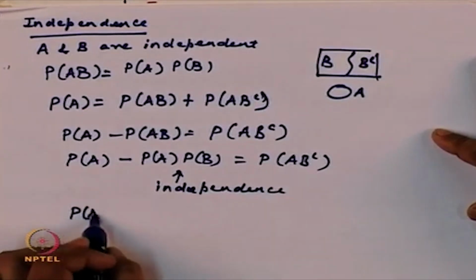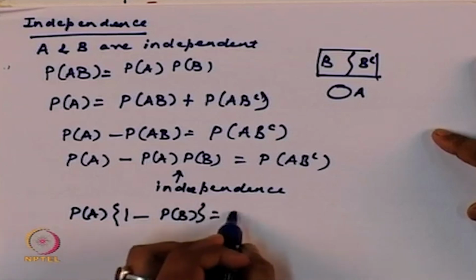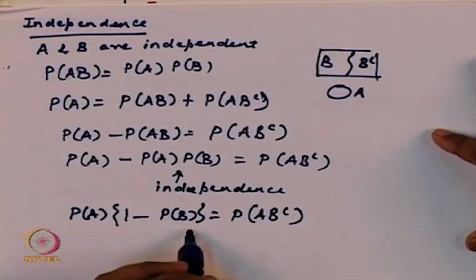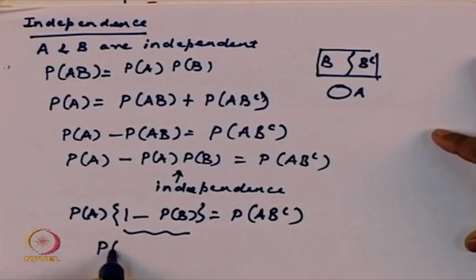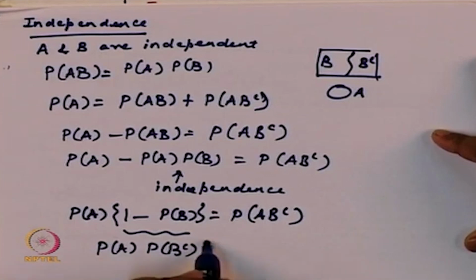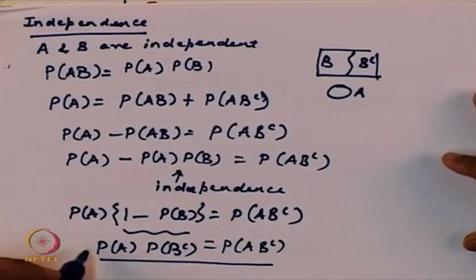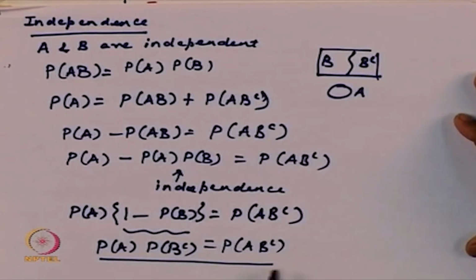So, I can write this component as PA into 1 minus PB equal to P of AB complement. And what is 1 minus PB? It is simply PA into PB complement, equal to the probability of AB complement. So, this tells you that if A and B are independent, the probability of A and B complement is equal to the probability of A into the probability of B complement.